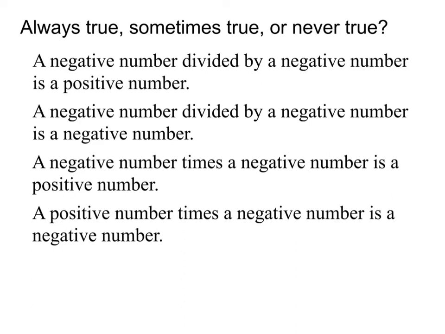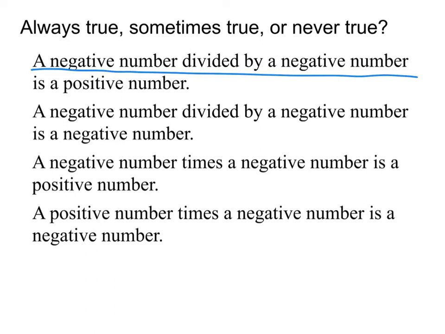For instance, in this first one, I'm going to see a negative number divided by a negative number, and I know it says a positive number after that, but I'm not worrying about that yet. All I'm worrying about is figuring out what a negative number divided by a negative number is. Whenever we do multiplication or division, if the two signs of our numbers are the same, it will equal a positive.